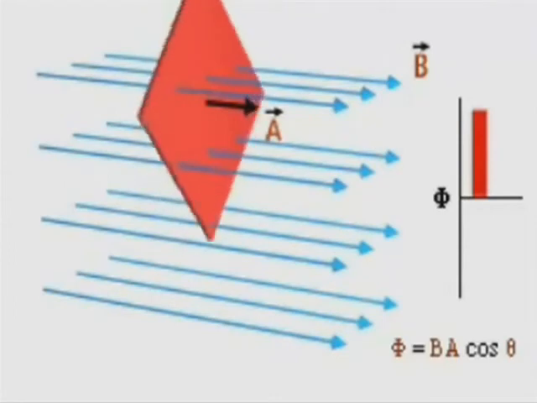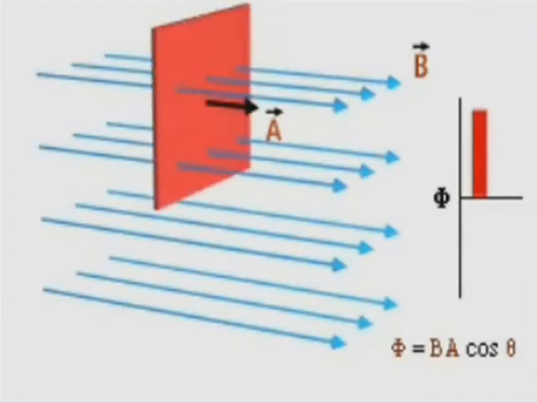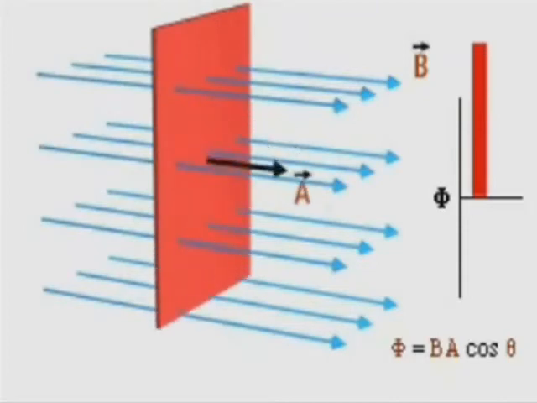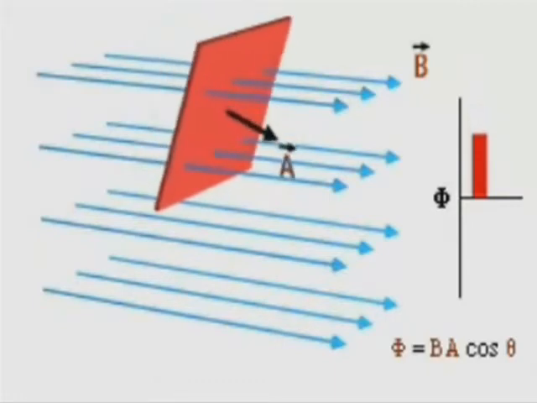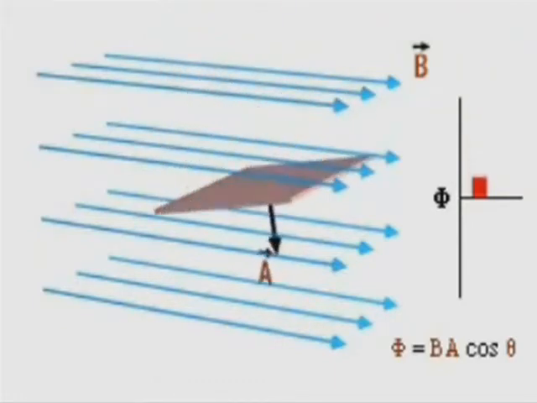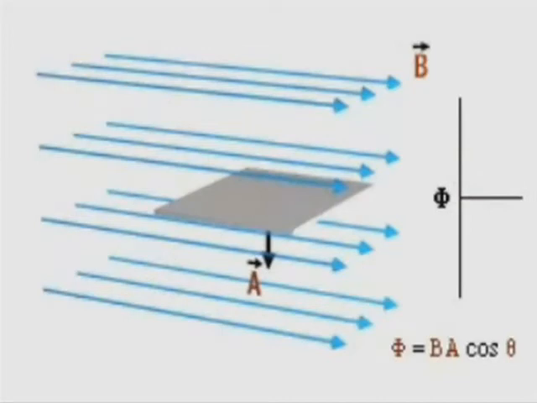When the surface is rotated about the field line, it does not affect flux at all. However, if the size of the surface changes, flux will change too. They are directly proportional to each other. For example, if the surface increases, flux will increase too, and vice versa.